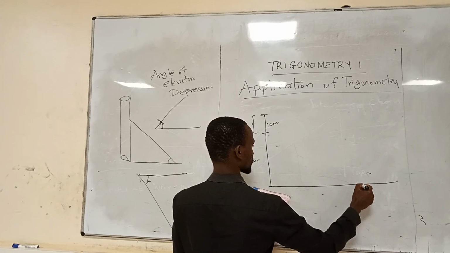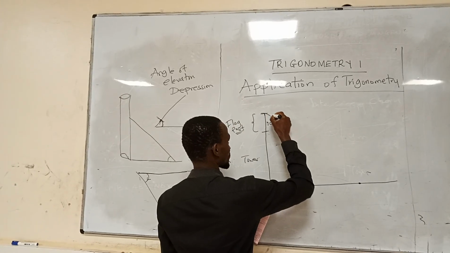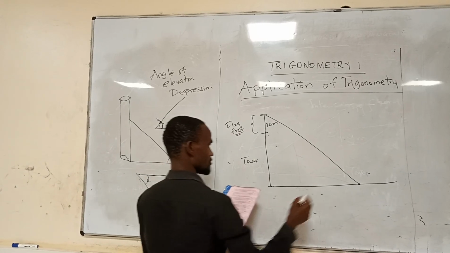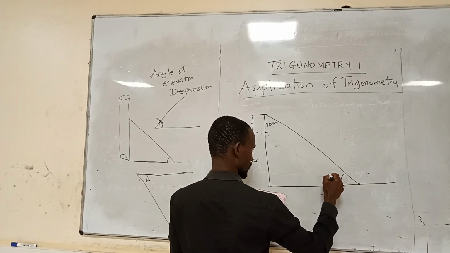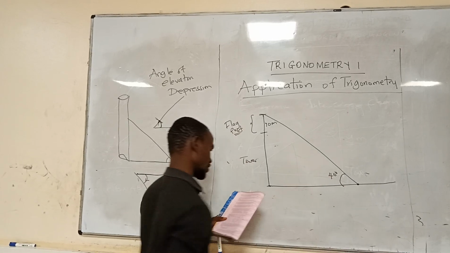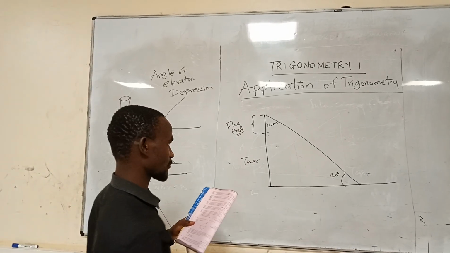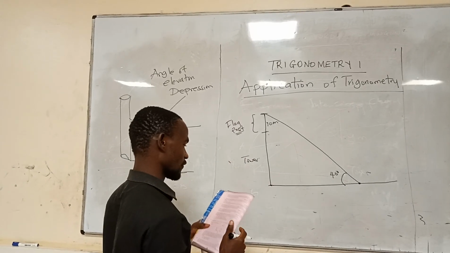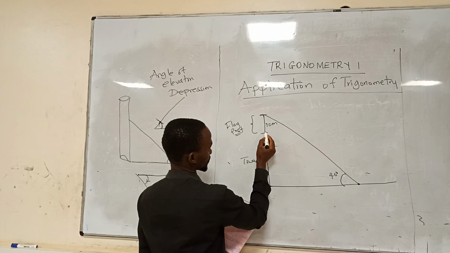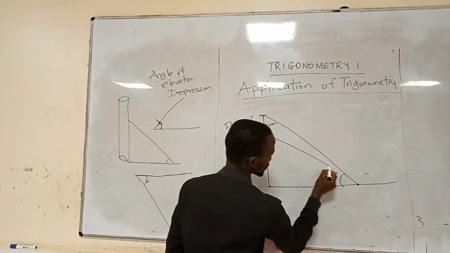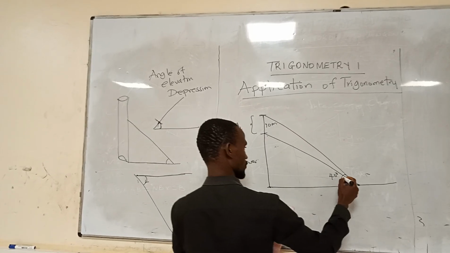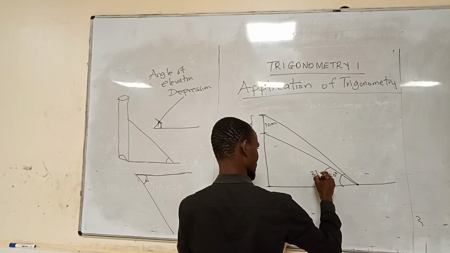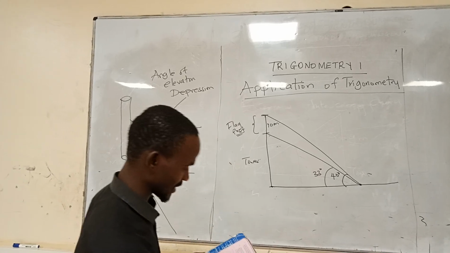So for the top, we have the angle of elevation of the top being 40 degrees, and then from the same point, the angle of elevation of the bottom, from this point here, we have 33 degrees.